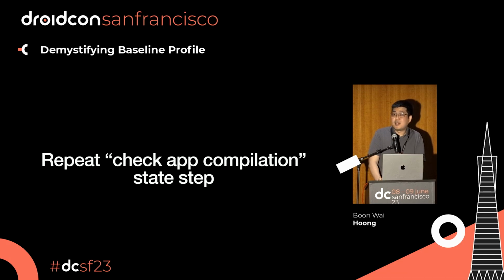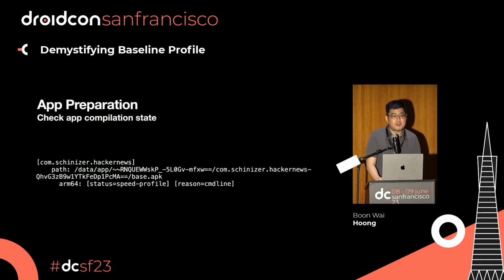Okay, so despite the failures, if you eventually get a success case, the next best thing that you have to do is to ensure the compilation state of the app itself. So what you need to do is to repeat the check app compilation state step. Remember the dexopt thing that you have to query that returns you this?